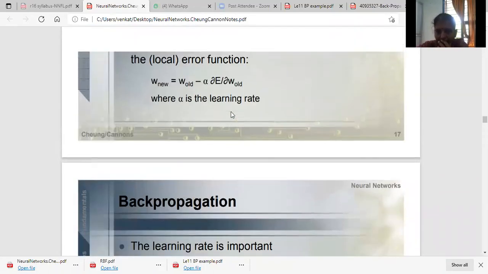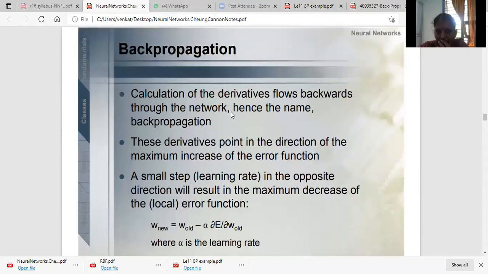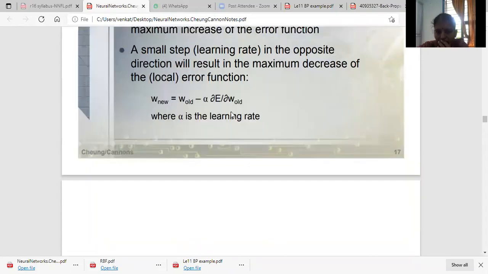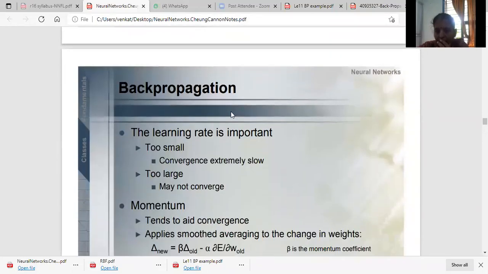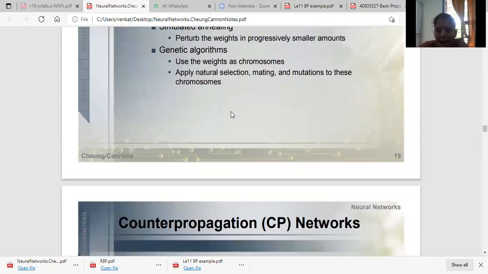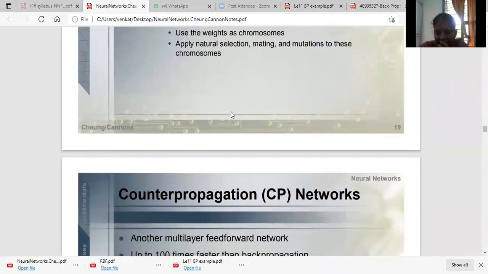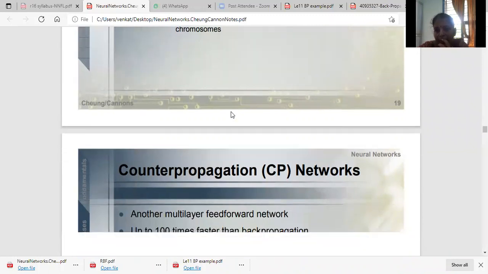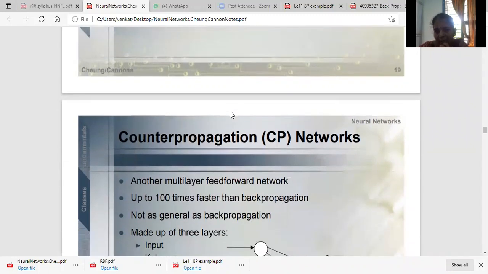So you have these are some of the drawbacks in backpropagation algorithm. So preferably we are going for another type of networks, counter propagation networks. Okay.